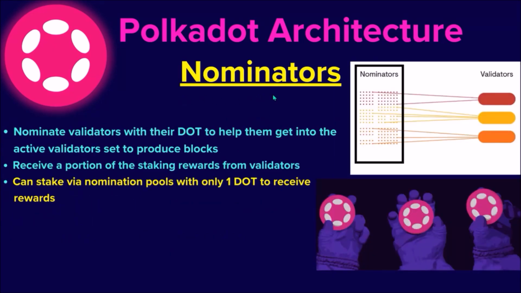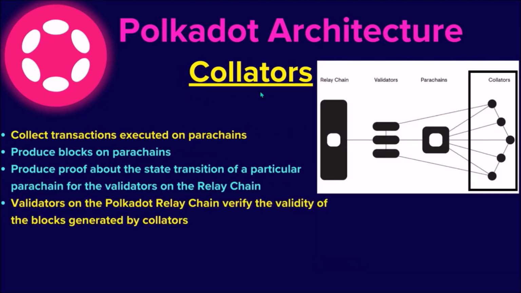As I said, Polkadot uses nominated proof of stake, which is different from standard proof of stake in that it allows DOT holders to nominate validators and back them with their DOT. And lastly, there are also collators, who collect transactions executed on parachains, and then they produce a proof about the state transition of that particular parachain for the validators on the Polkadot relay chain.